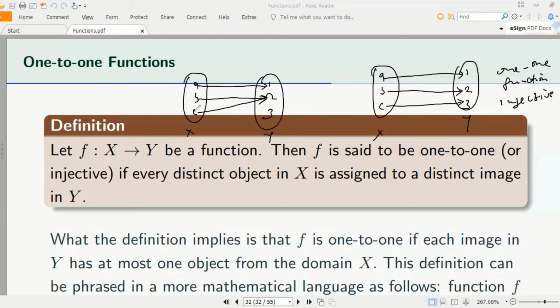Different objects, same image. This is not a one-to-one function. It does not just necessarily mean one object, one image. It also means that if the objects are different, the images must be different for it to be a one-to-one function.